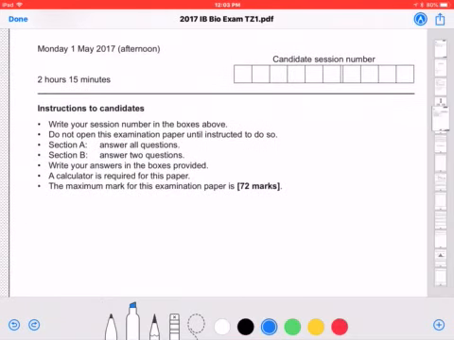Paper 2 is 72 marks and you have 2 hours and 15 minutes for paper 2. It's also on the 14th in the afternoon session. Paper 2 has 2 sections, Section A and Section B. In Section A, you'll answer all the questions, and then in Section B, you answer 2 questions.